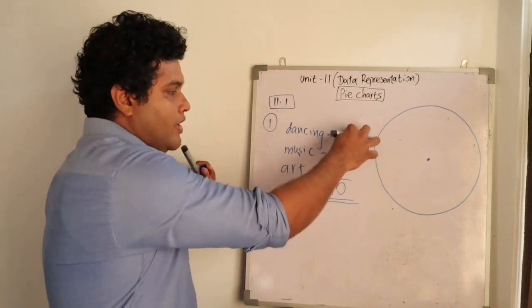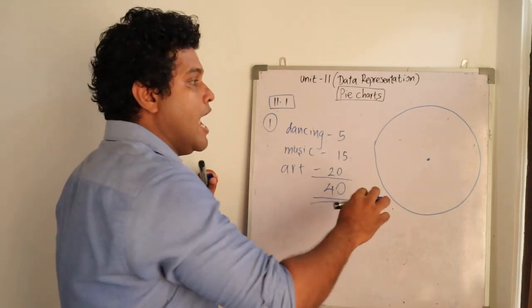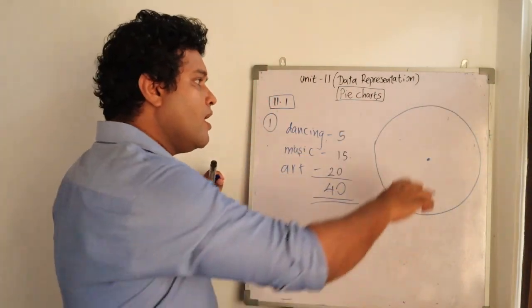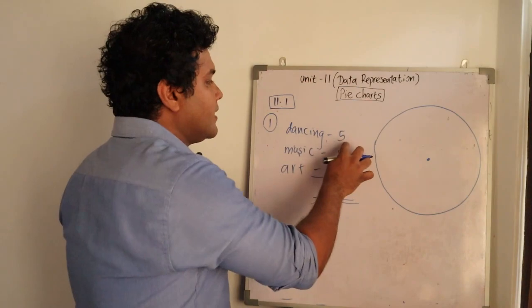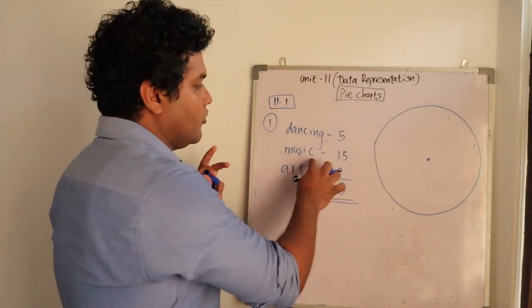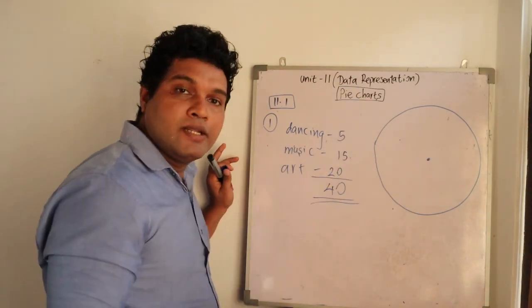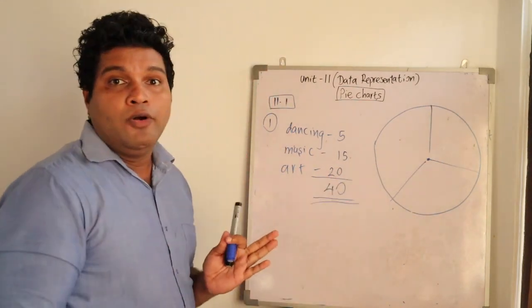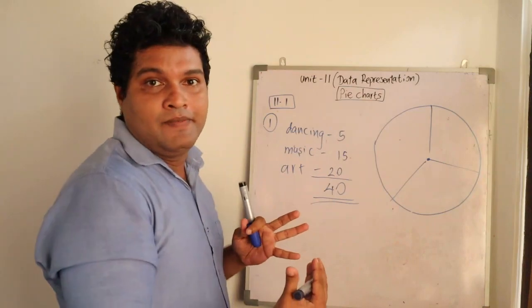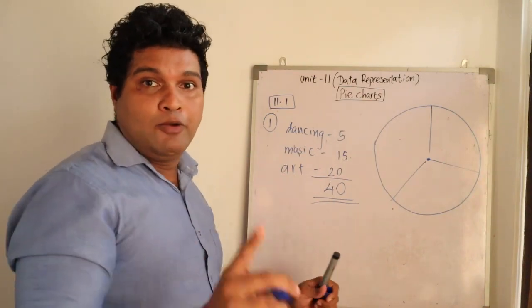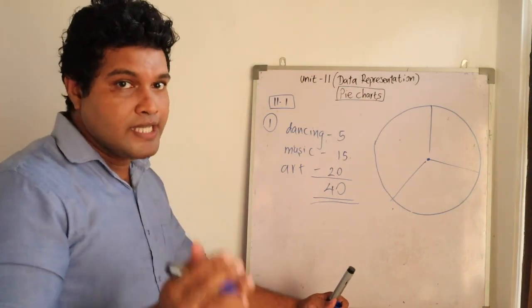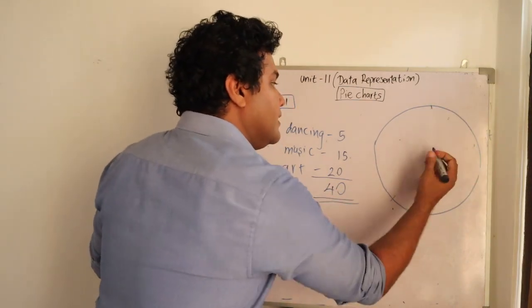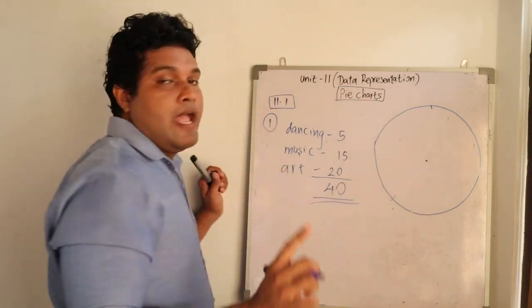According to the ratio given, we define the sectors: the first sector for dancing, the other for music, the third for art. But we don't know the magnitudes of the sectors. The thing is whether you are able to calculate them. I will now teach you how to find the sector angles.